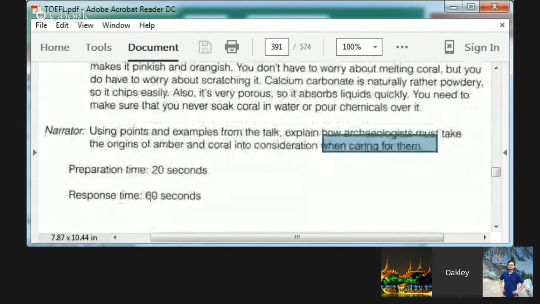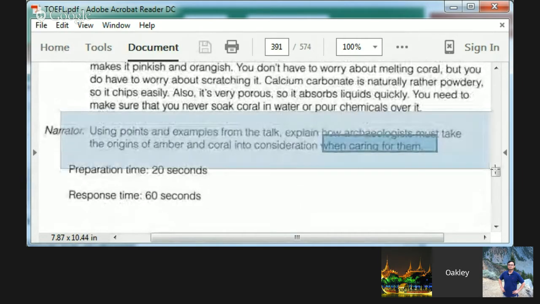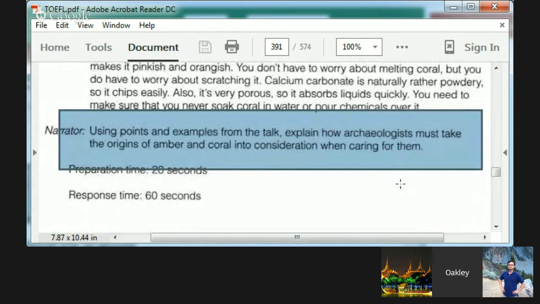So the professor lectured about the gems and how the archaeologists have to take care of the two gems. The professor gave two examples, one amber and the other coral. The amber comes from the tree and is fossilized resin.